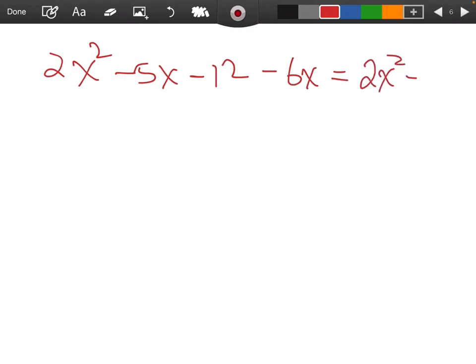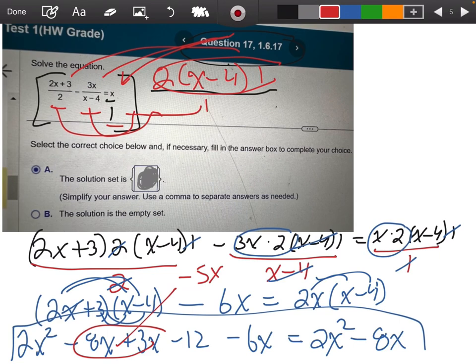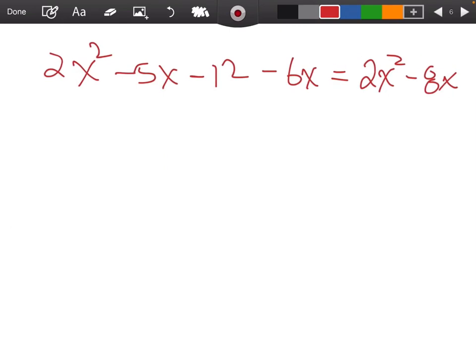So let's write 2x squared, minus 5x, minus 12, minus 6x, equals 2x squared minus 8x. Let me just make sure I got all that. Yes.